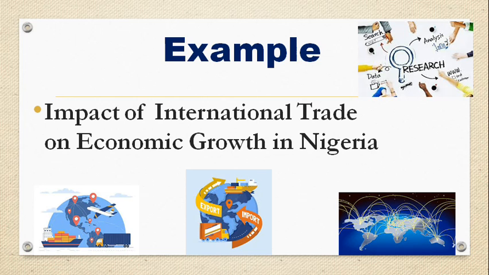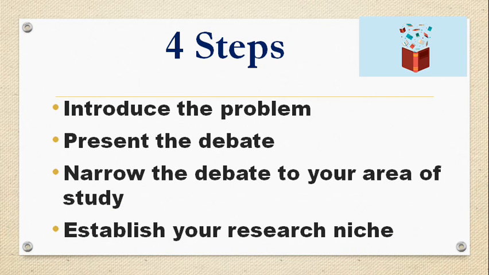How do we go about drafting what should be a good statement of problem? Any topic can fit into what we are saying, but I just want to guide you, and if you follow this, you will get a good statement of problem. Now, the 4 steps are this. Number 1, you introduce the problem in question, the concern, what could be called the thesis.